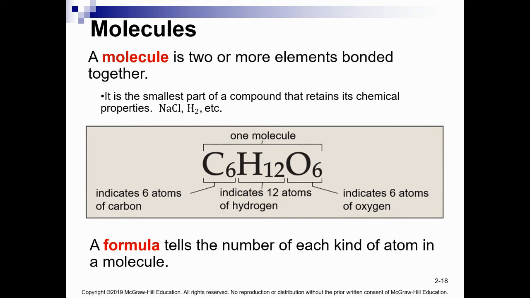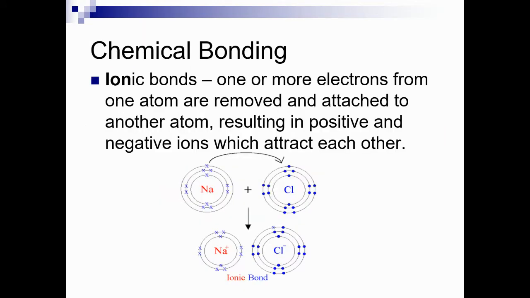We can look at different types of chemical bonds. The first one we're going to look at is the easiest one to determine, the ionic bond. An ion is formed when an atom either gains an extra electron, so then we call it a negative ion, or it loses an electron, and we call it a positive ion. So 1 or more electrons from one atom are removed and attach themselves to another atom.